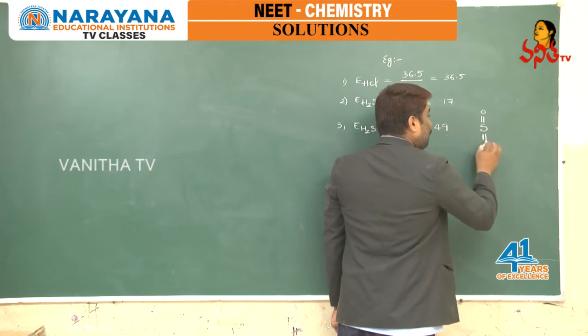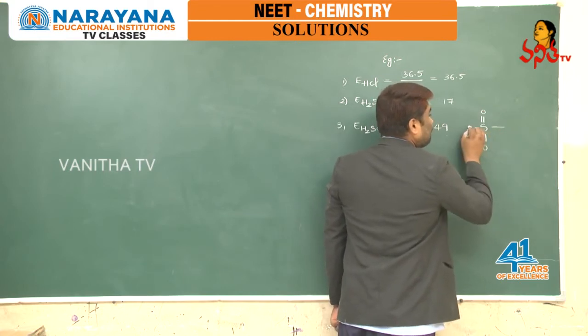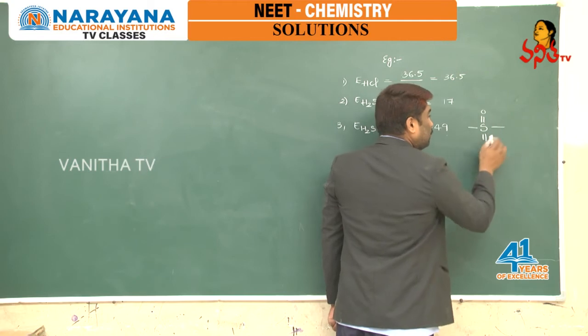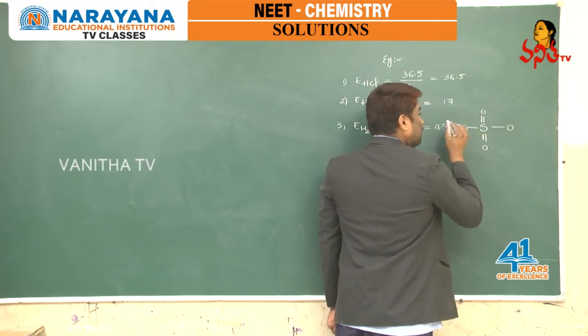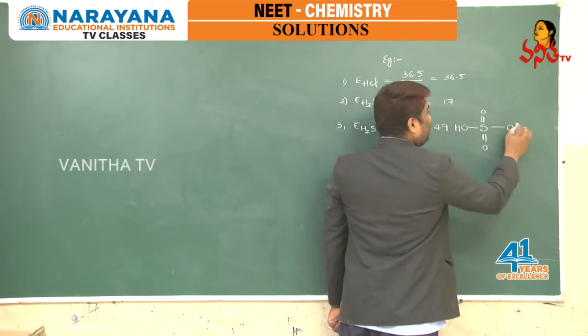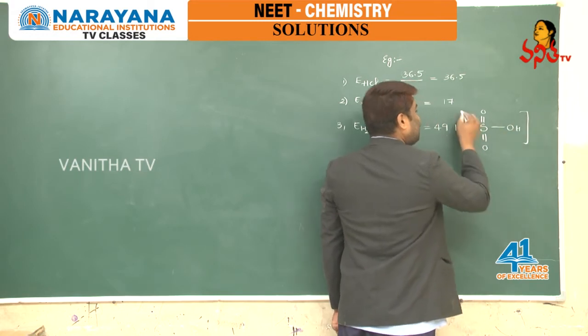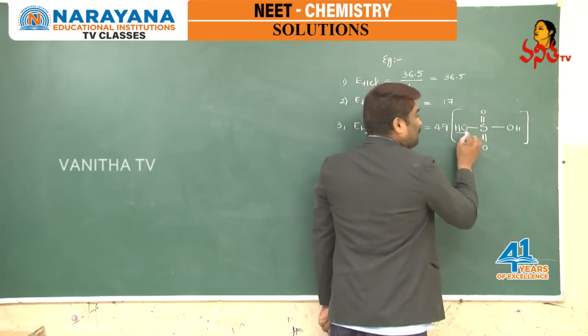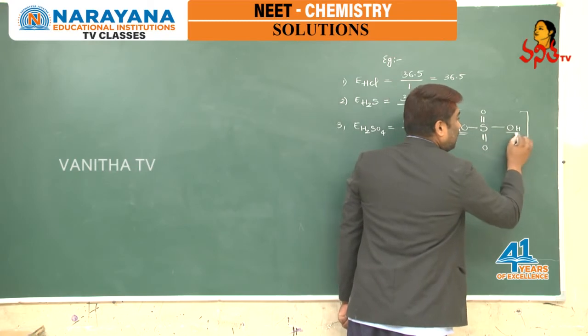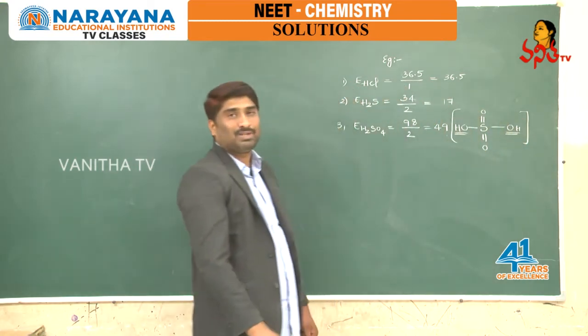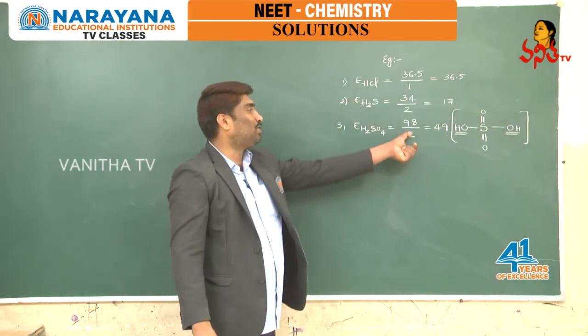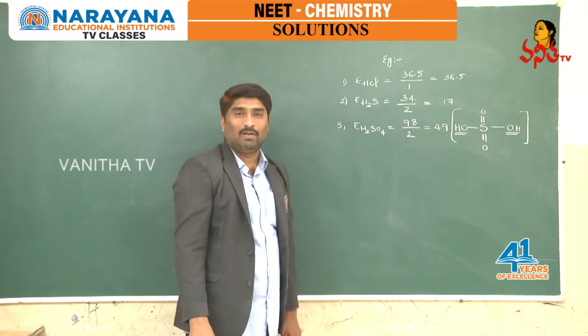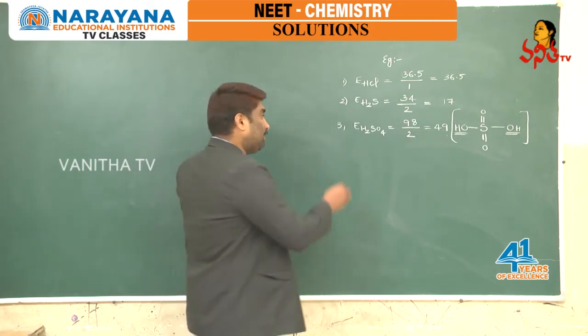It is able to form 6 bonds, so 1, 2, 3, 4 oxygens. Here write one hydrogen, here write one hydrogen. This is the structure of H2SO4. This hydrogen is directly linked to oxygen, and this hydrogen is directly linked to oxygen, hence the replaceable hydrogens are 2. Therefore, the equivalent weight of sulfuric acid is 49.